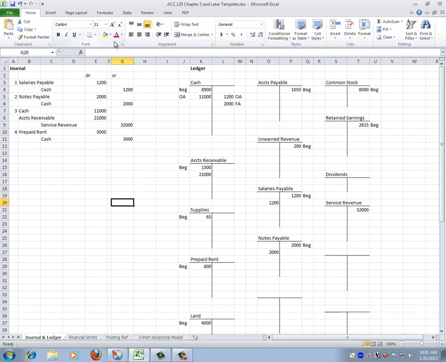Maintaining good form here. Listing the account being debited first, the account being credited last, and indenting that credit.